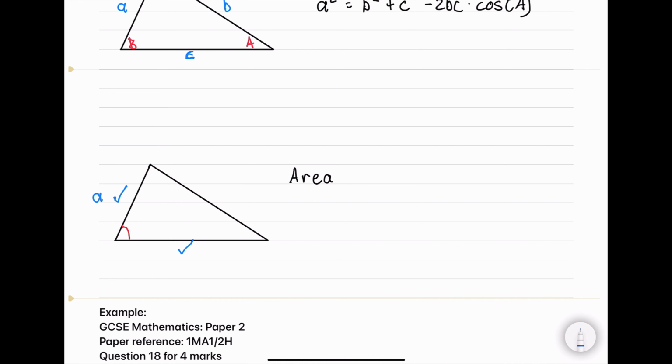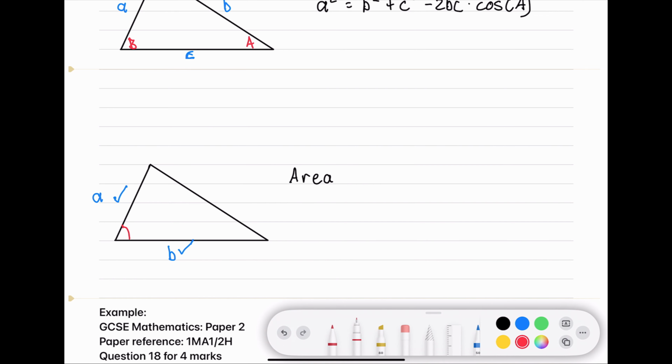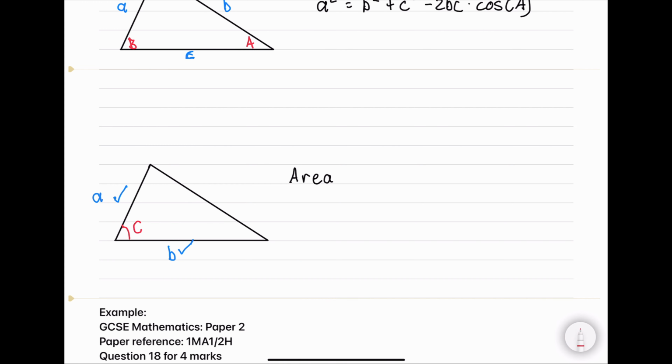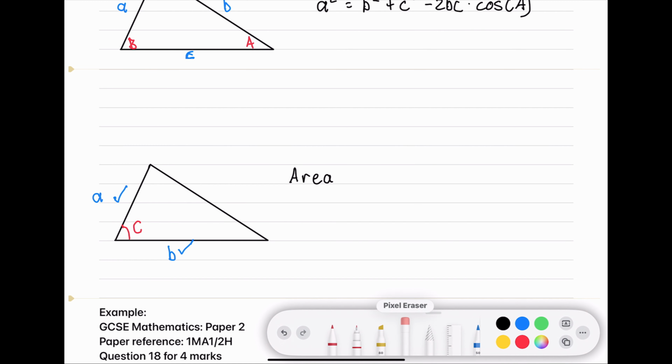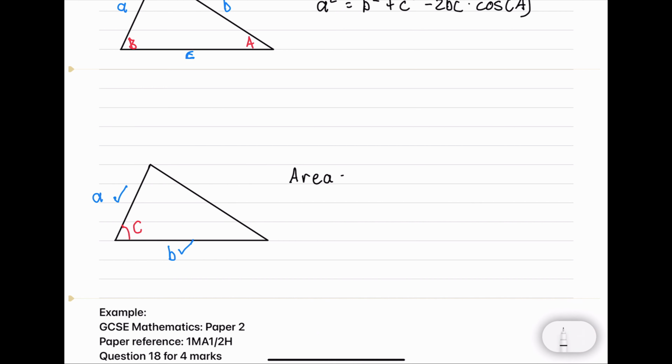Let's say this is side A, this is side B, and this is angle capital C. And your area formula is going to look as follows. Half of AB times sine of capital C. And that's how you calculate the area of a triangle that doesn't have a 90-degree angle in it.